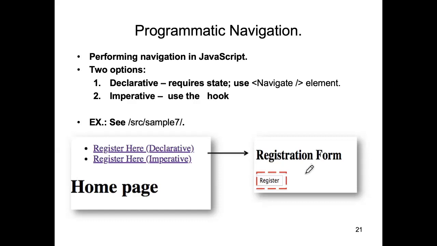So we want a redirection over to here. But it's this final part, how do we actually implement that? Because it has to be implemented in the event handler associated with the button. And the answer is, well, we can implement it using programmatic navigation, either using the declarative approach or the imperative approach. So this is sample 7.